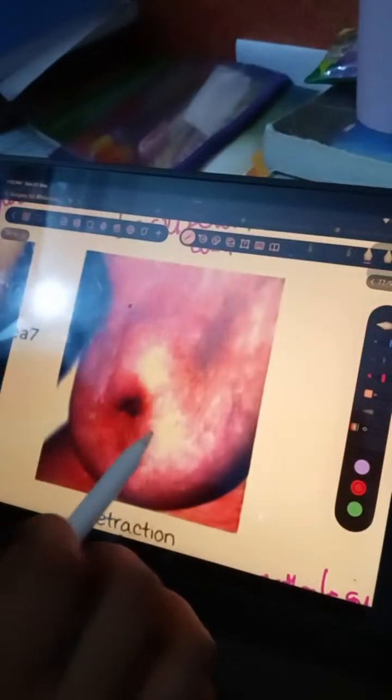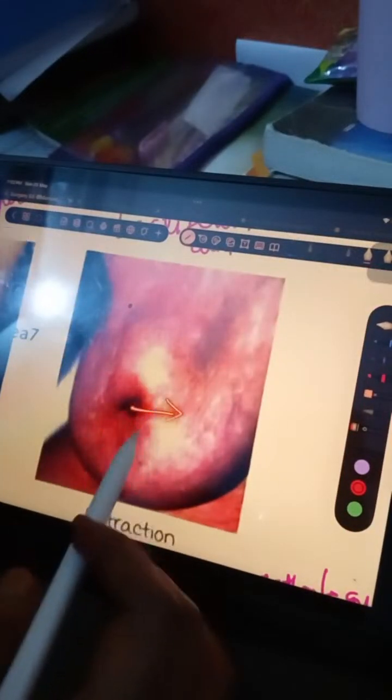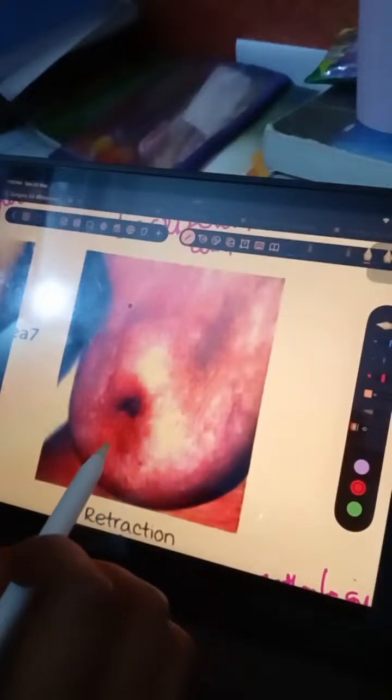Here dimpling is due to pulling of ligaments inwards due to cancer involving suspensory ligaments of Cooper, and here retraction of nipple is due to a cancer of lactiferous duct.